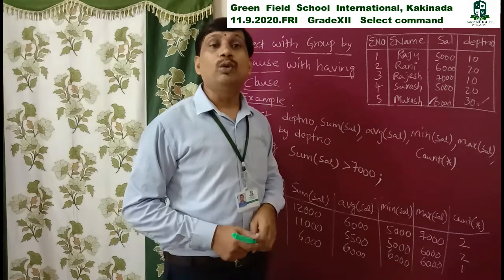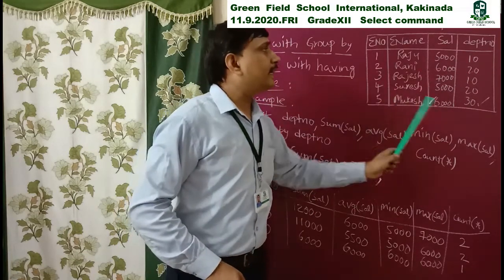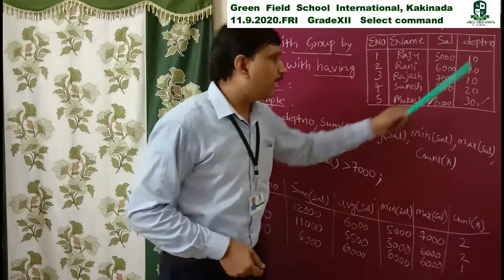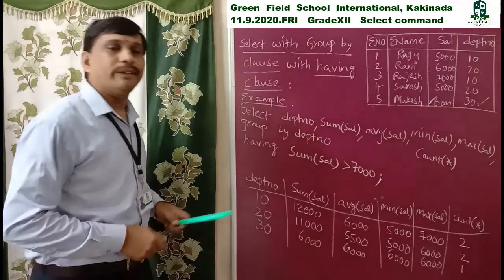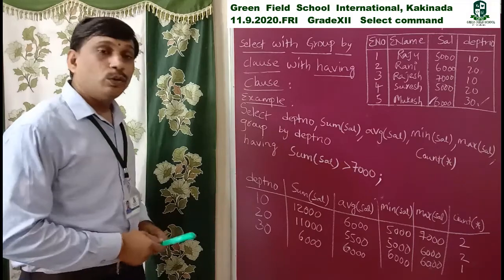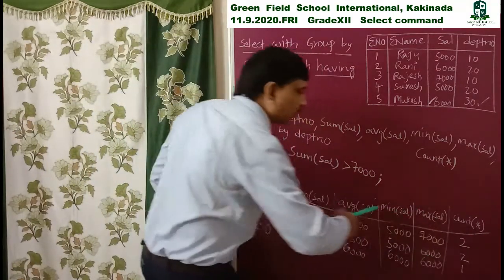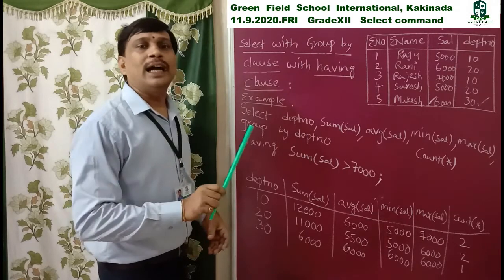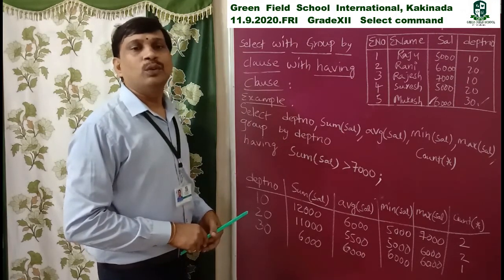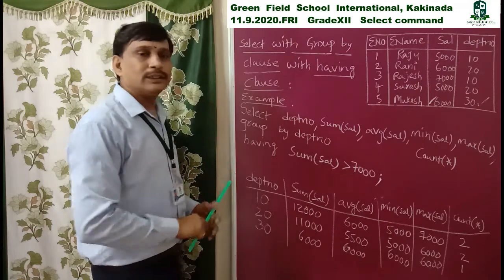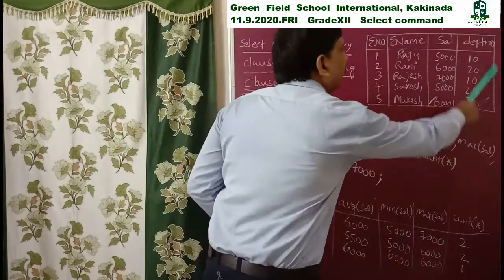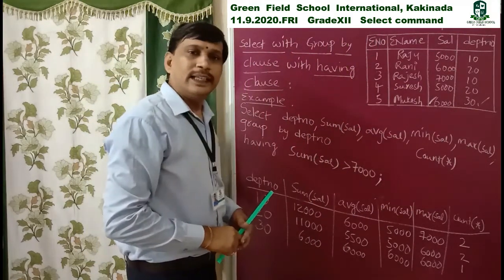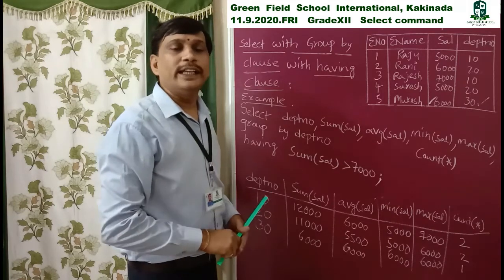That's why we group our entire table into 3 parts: 10, 20, 30. On this grouped data we apply a condition. We do not use the WHERE clause, we go for the HAVING clause.